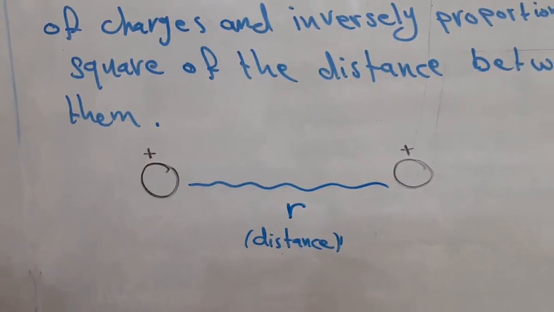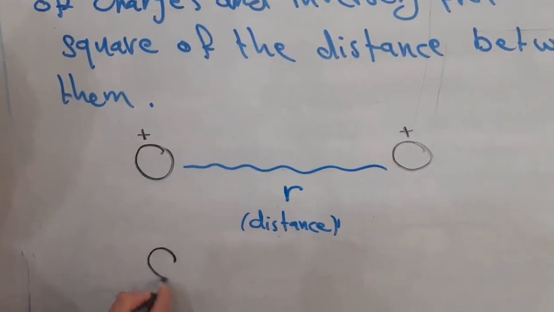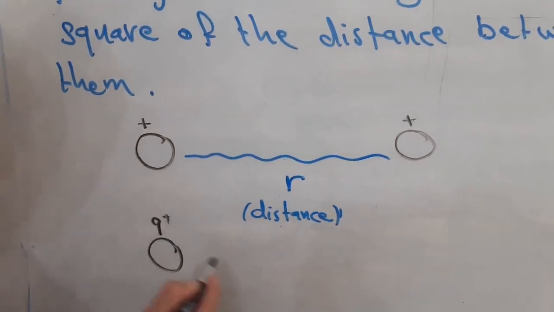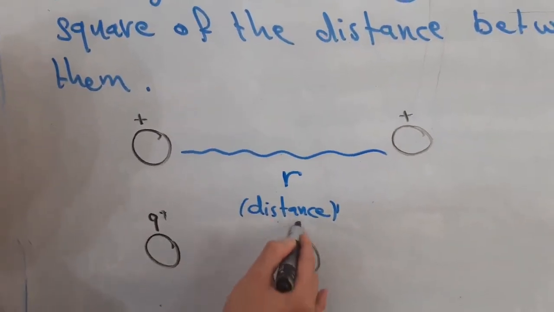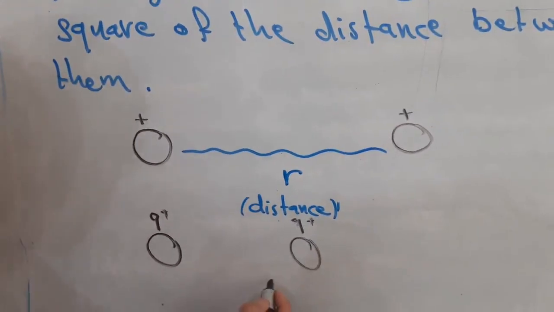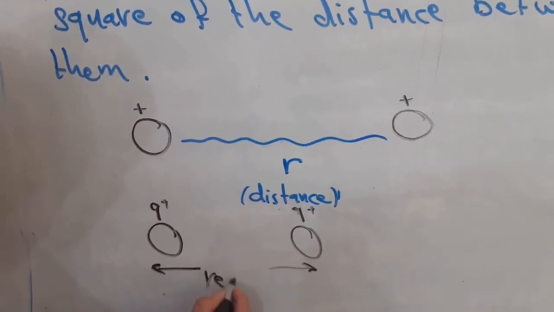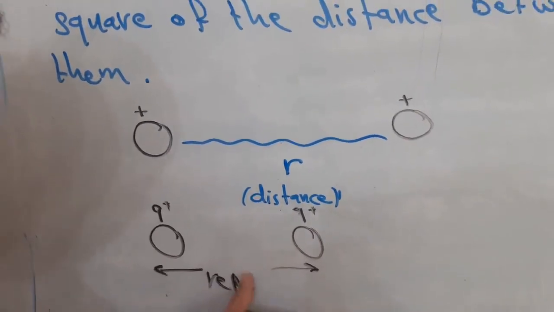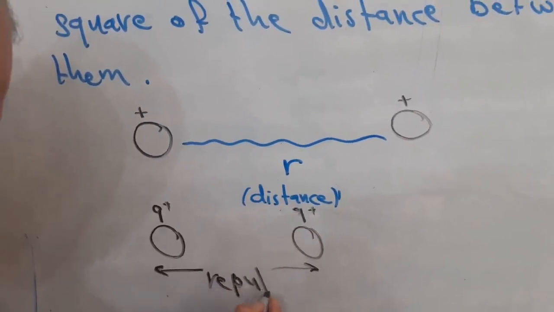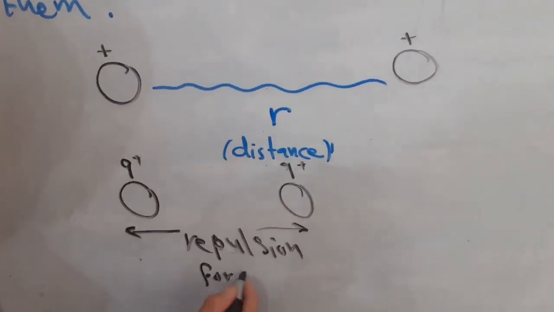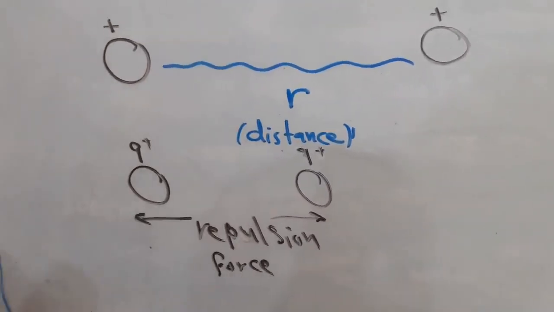Okay, for that, here Q positive, and there Q positive, the force is repulsion between them.